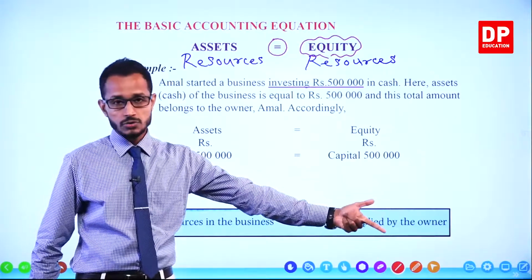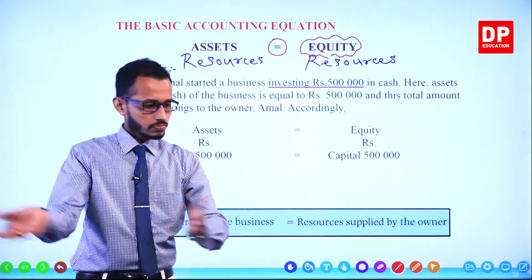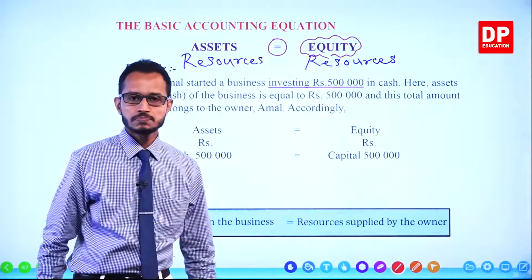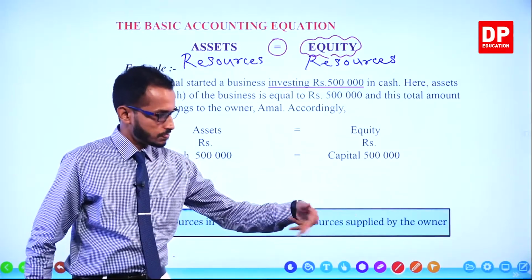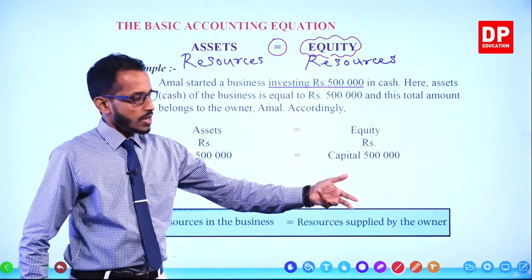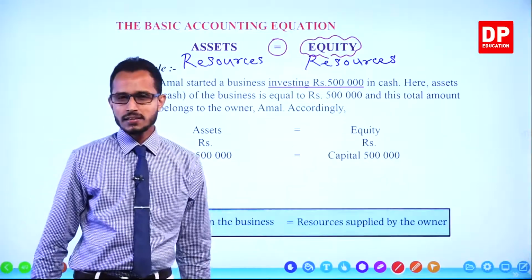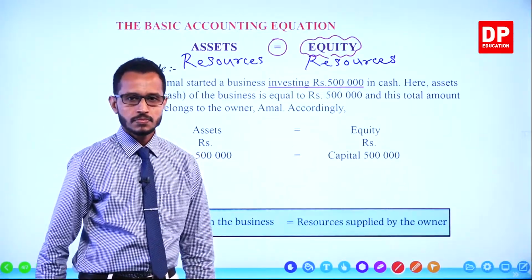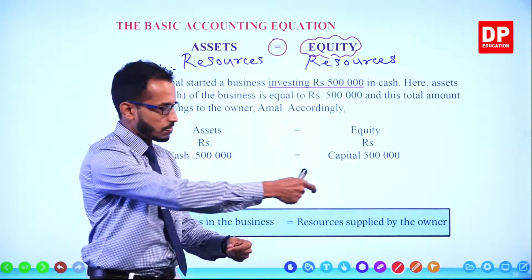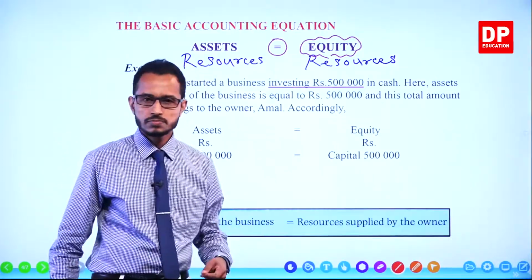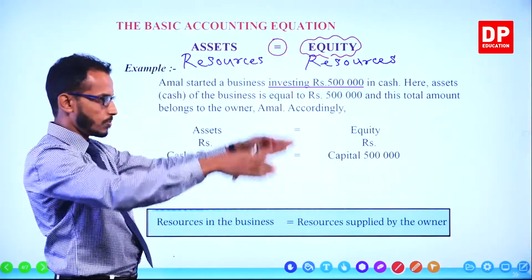Using that 500,000, Amal can start his business. He can maybe rent a building and pay the key money with this 500,000. Now he has a building, a shop.